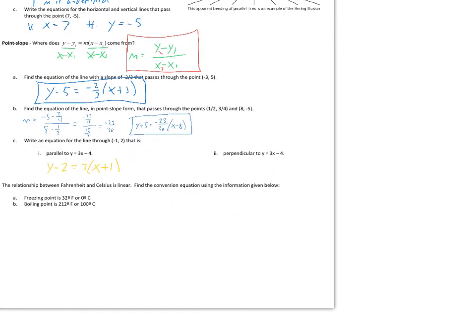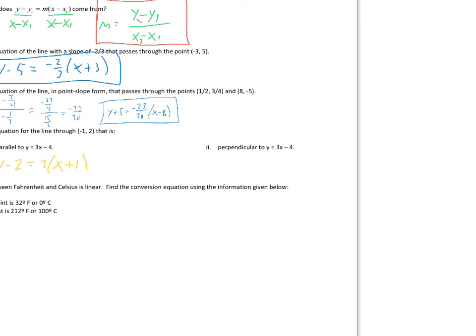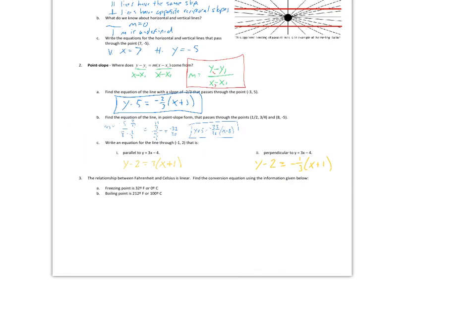And if it's perpendicular to that line and still passes through the point negative 1, 2, then we know it's going to be y minus y1, and our slope is opposite reciprocal, so negative 1/3 times x plus 1. Again, you can just leave it in that form.